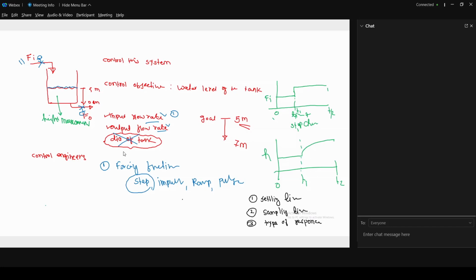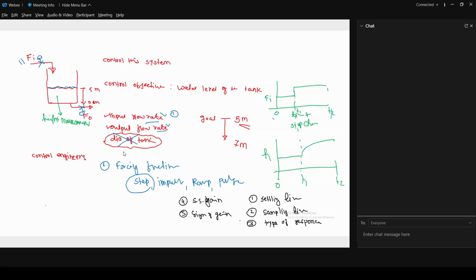It tells me the steady state gain of the system. It also tells me the sign of the gain. So these are the pieces of information it provides. Let me explain these terms.